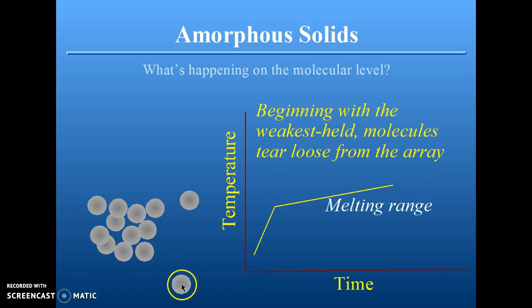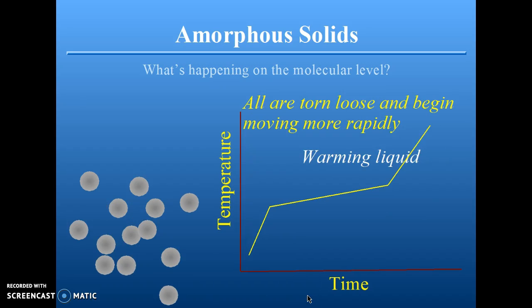Beginning with the weakest held, which here I show by the ones that were originally farthest apart from the solid, the molecules tear loose from the array, and as stronger bonds are encountered, they will tear loose next, until finally the strongest bonds tear loose at these higher temperatures. And then finally, when they're all in liquid form, you get a liquid warming up, very much like you would see if a crystal is melting.